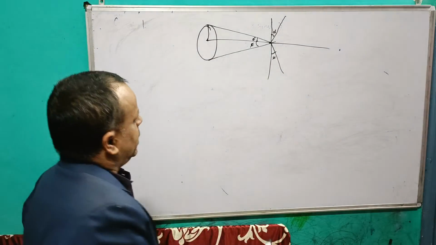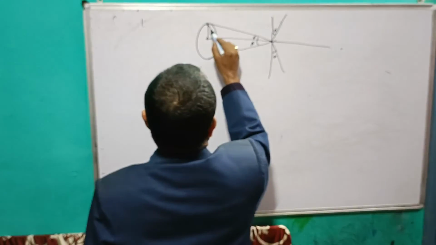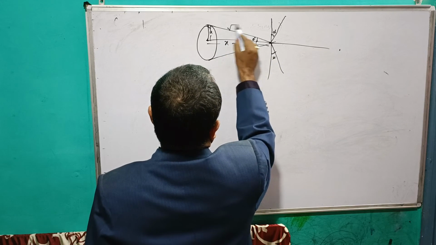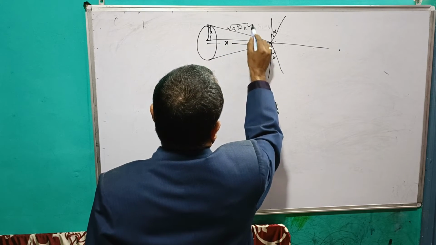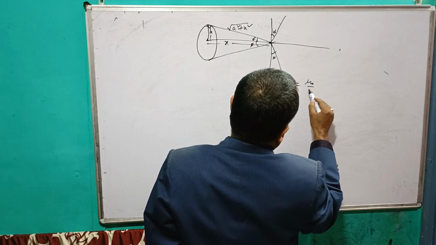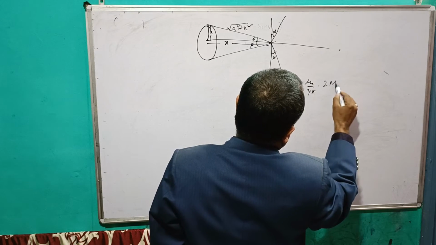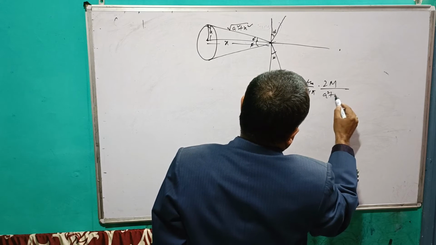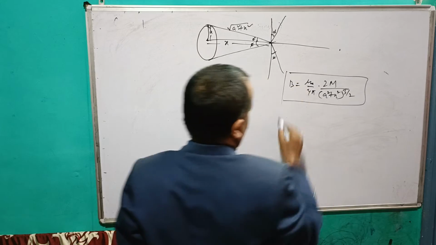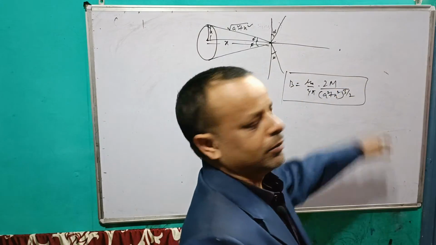Now we had derived over there, let us suppose this is a, this is x, this is going to be the square root of a square plus x square. The net result was mu naught upon 4 pi into 2M upon a square plus x square to the power 3 by 2. And what was capital M?